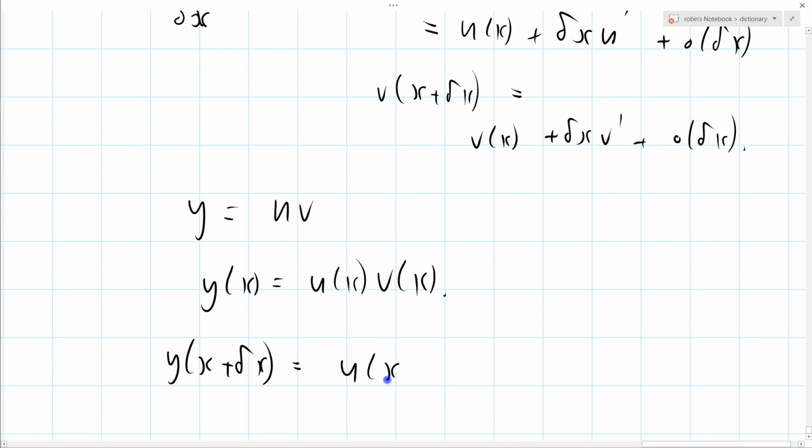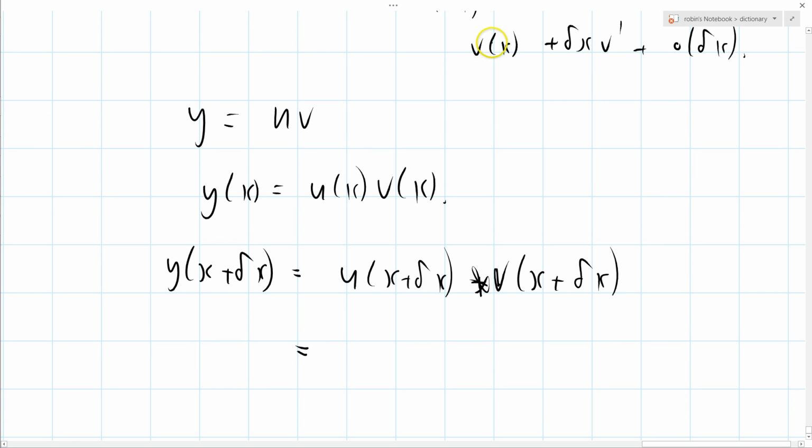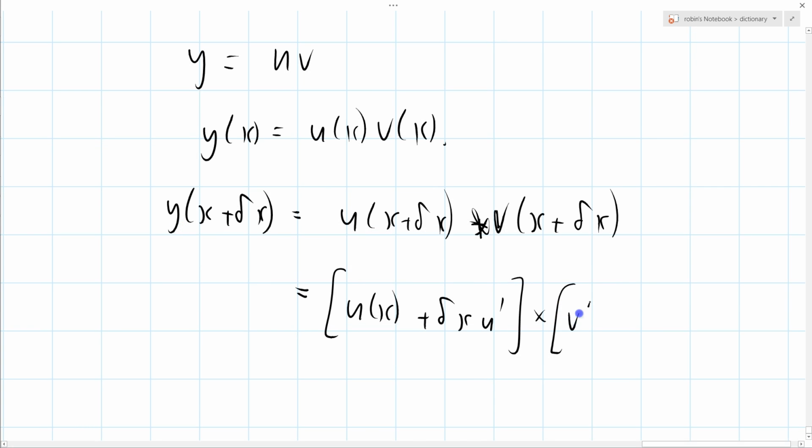Well, it's u of x plus delta x, times v of x plus delta x, equals, well, we'll just use these formulas up here. It's u of x plus delta x u dash times v of x plus delta x v dash.